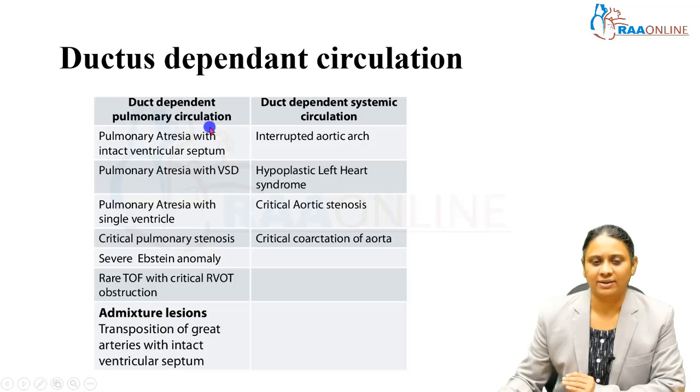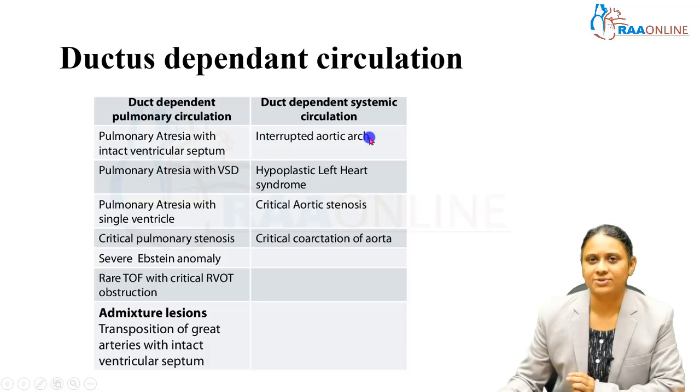So, pulmonary circulation which is dependent on ductus, or critical RVOT obstruction, like pulmonary atresia with intact ventricular septum or a small restrictive VSD, pulmonary atresia with a single ventricle, critical pulmonary artery stenosis or pulmonary valve stenosis, severe Epstein's anomaly, rarely TOF with critical RVOT obstruction. Duct-dependent systemic circulation: critical LV outflow tract obstruction or aortic interruption.